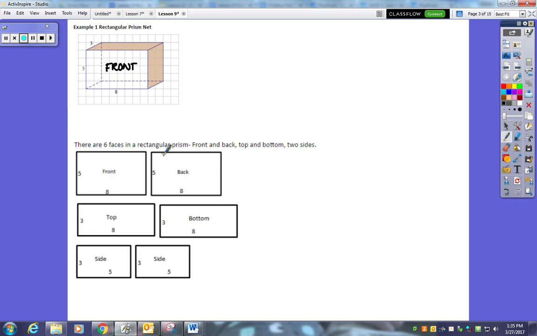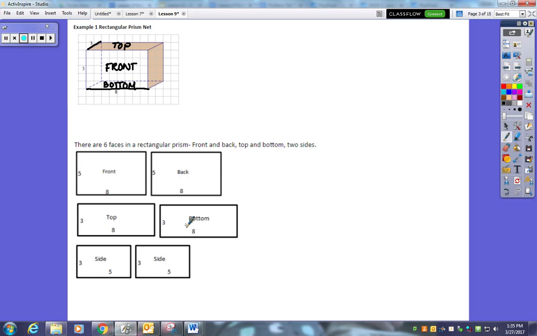5 by 8 rectangle. We also have a top, which would be up here, and a bottom, which would be down here. Now if we look, we can see one dimension of that is the 8 from there, and the other dimension is the 3 from here. So the top and the bottom are 3 by 8 rectangles if we were to cut them off and put them separately.